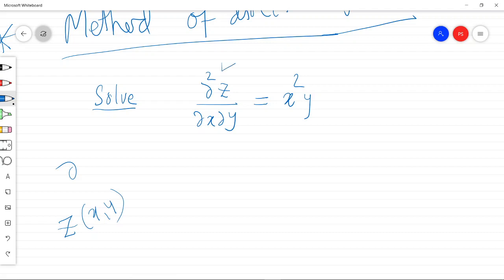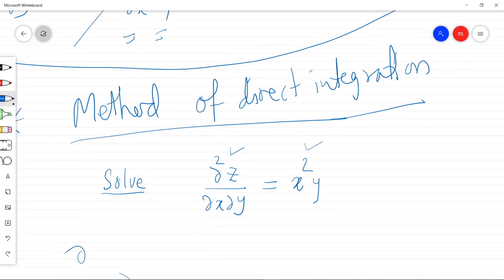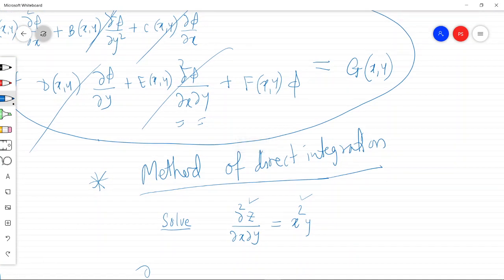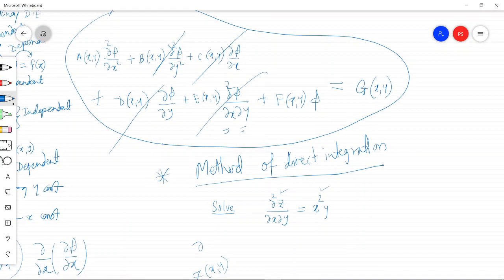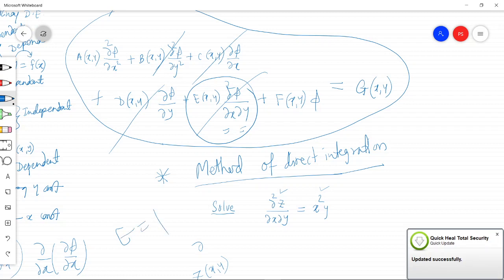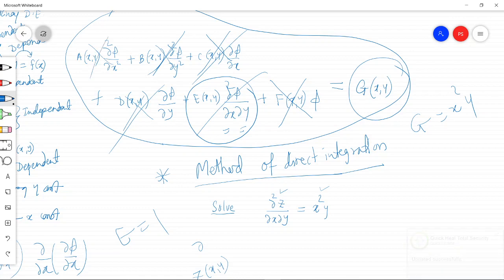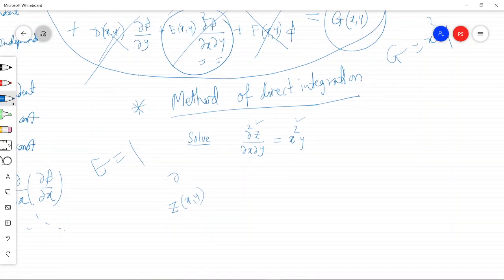In this case only two terms are available, and if we compare this with the general form, we can directly see that this particular term with e equal to 1 and this particular term with g equal to x squared y are the only ones present, and all other terms are completely absent. That's what we were trying to see.